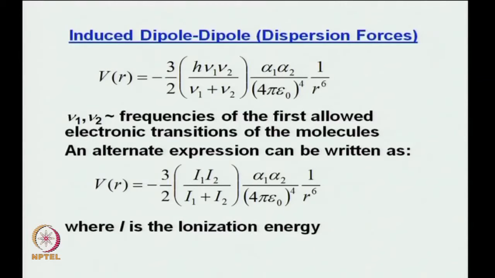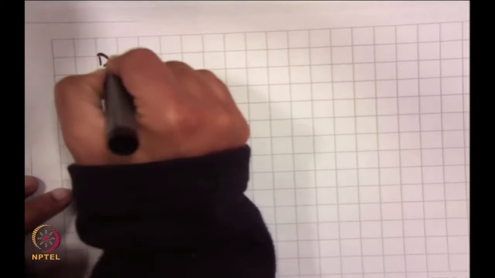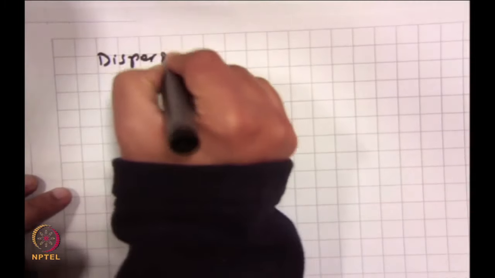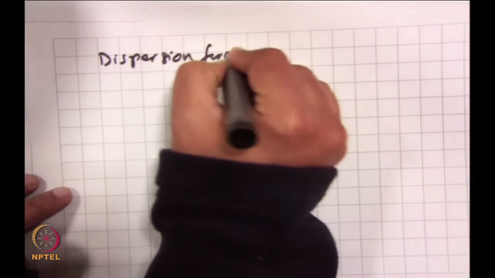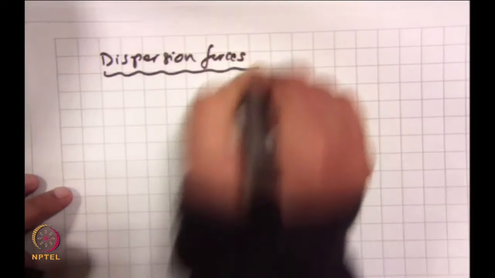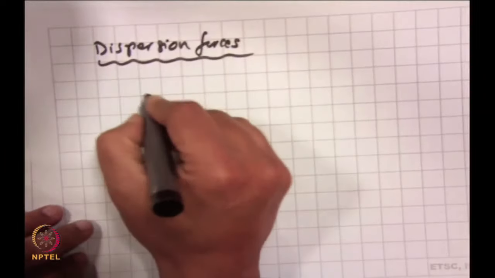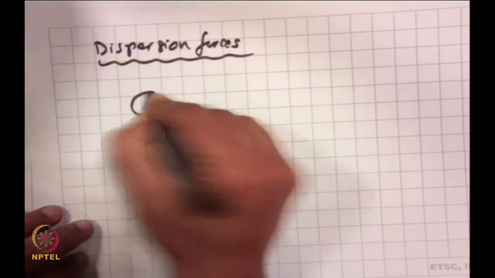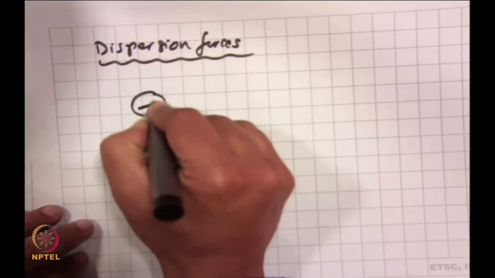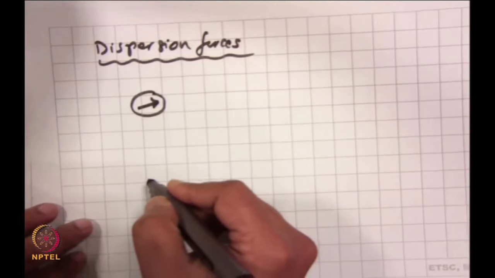Now, let us talk about dispersion forces. This is essentially the last topic of electrostatics, and let us think about dispersion force a little bit. What do we really mean by dispersion forces? Think about this. I have, say, a molecule which has a certain dipole, right.